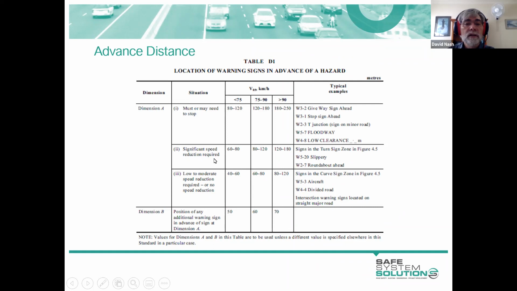Significant reduction in speed required, probably maybe yes. Low to moderate speed reduction, probably. And you're in the 70 to 90 kilometre an hour range, so I've chosen 60 to 80 metres here. These require a bit of interpretation, but that seems like a reasonable solution.